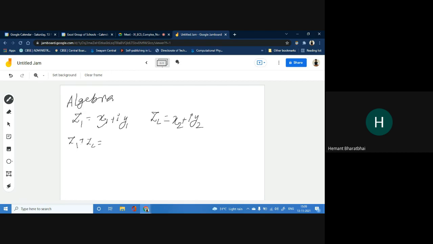So this is only a real number, and here you have this imaginary number. So this is called the real part of a complex number. And whichever term is there with i is called the imaginary part.